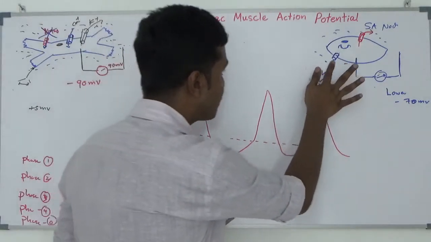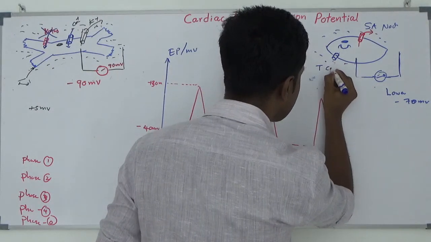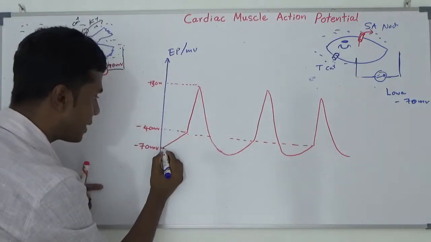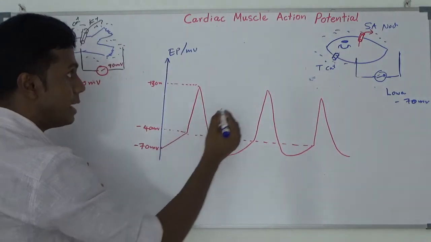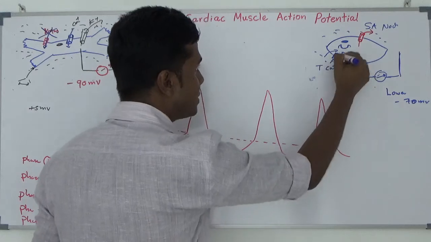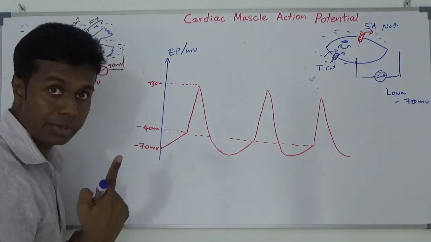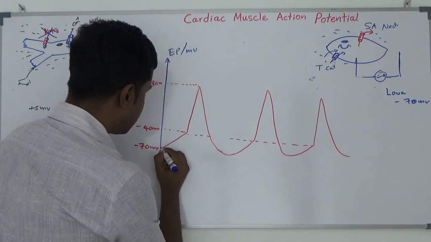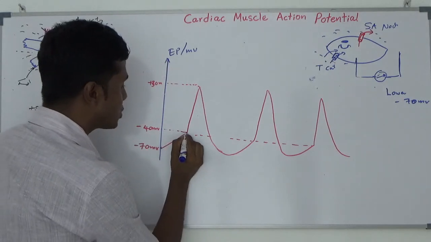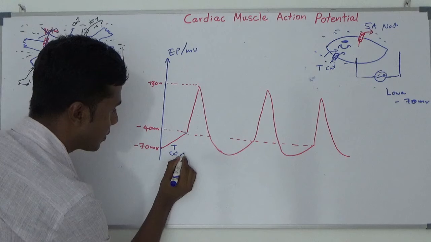Because of that, I am going to call it the T-type calcium channel. Because of that, the cell from time to time receives calcium from outside. When it opens, calcium comes in. Because of that, it can't rest. The negativity gradually reduces up to minus 45 because of the T-type calcium channel.